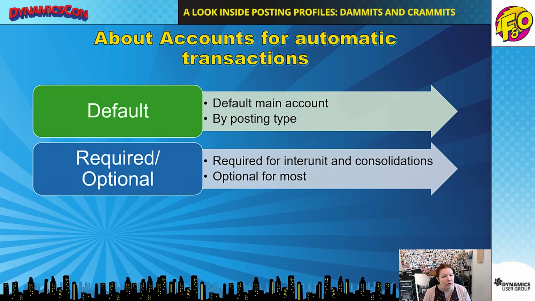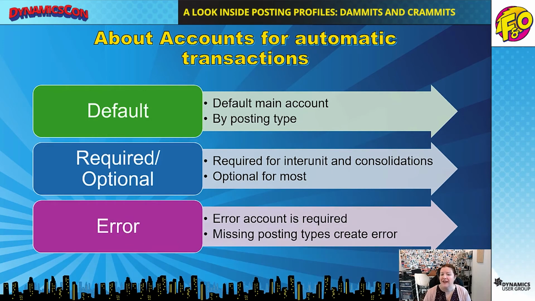For example, you can configure the main account to be used for the customer balance posting type in the summary field on the customer posting profile page and use a different main account for each customer posting profile. This allows you to have more granular control of the postings. But on the other hand, the error account or the inter-unit accounting or consolidation balance accounts can only be configured in the accounts for automatic transactions page.